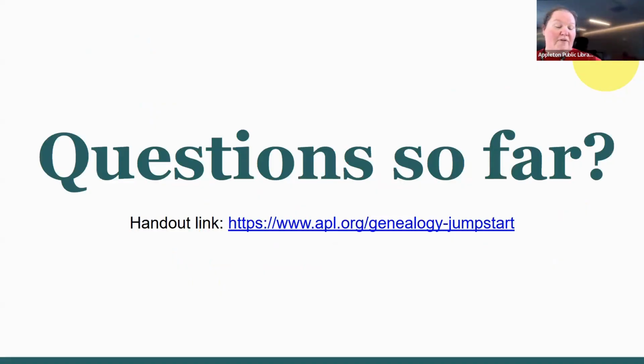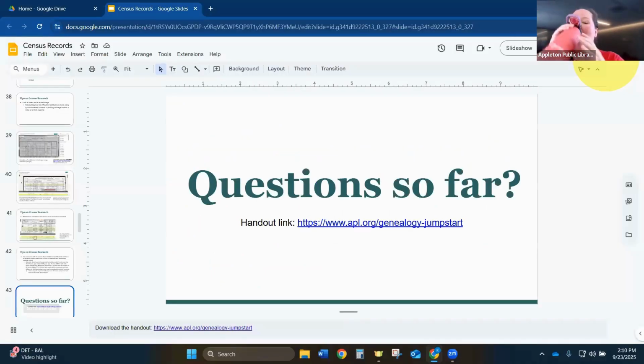Any questions before we move on to some of the special censuses? Why do you use keyword search for the street as opposed to entering the street name? Maybe that's why I got it wrong. Thanks, Beverly. So apparently there is a street name area.